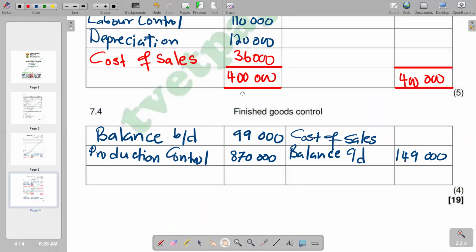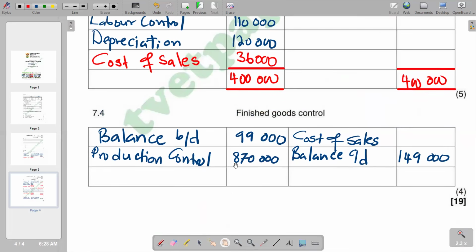Then we go to the next one, finished goods control. In finished goods control, we see that the balancing figure that we have is supposed to go to cost of sales. So we can quickly put our double lines. The debit side is going to be the greater total.